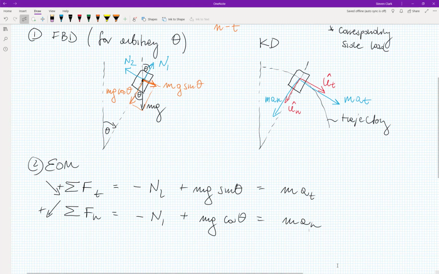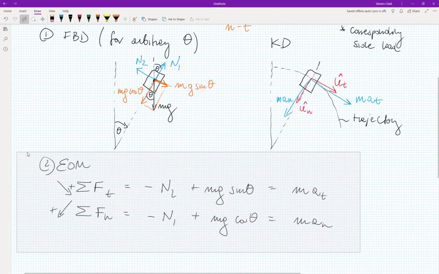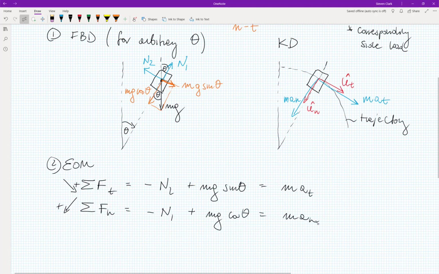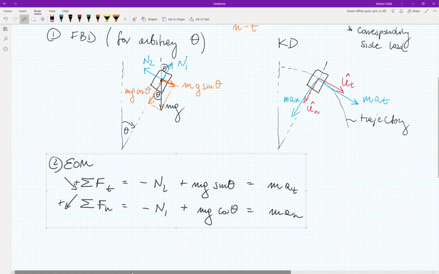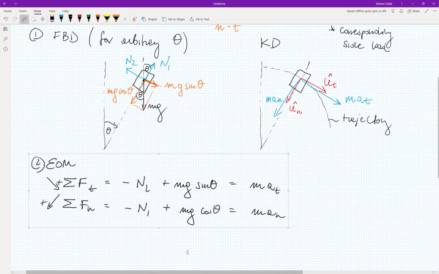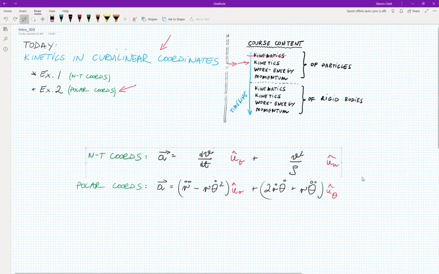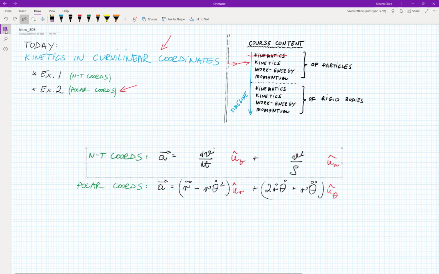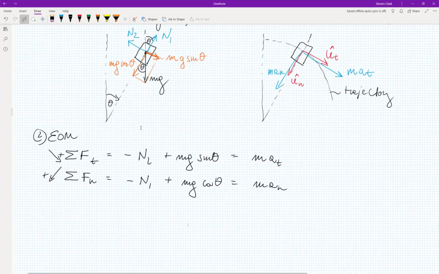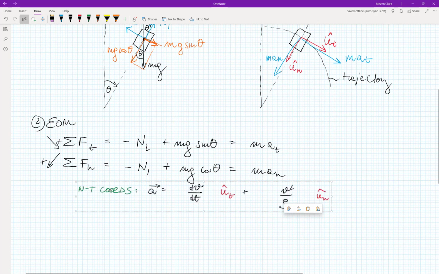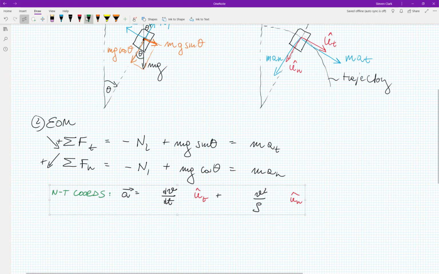Okay, so now, since we are in curvilinear motion, the next step for me is kinematics. I just go for the expressions for accelerations from the previous board. If you don't mind, I will just copy this one here. We are indeed in a normal-tangential coordinate system, right?